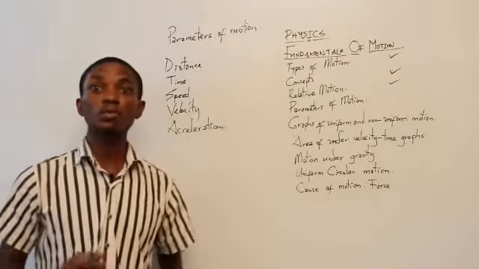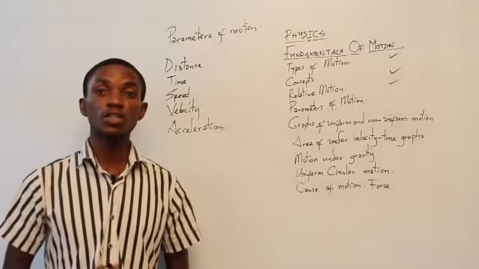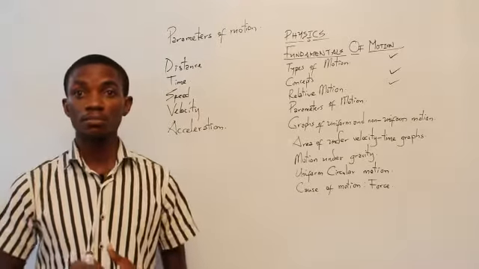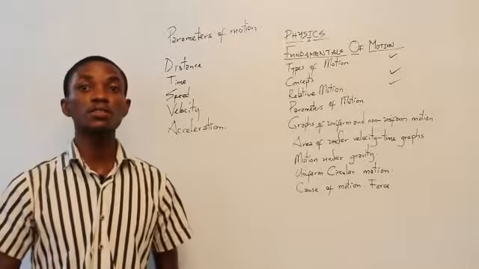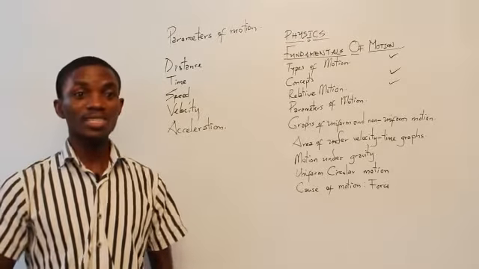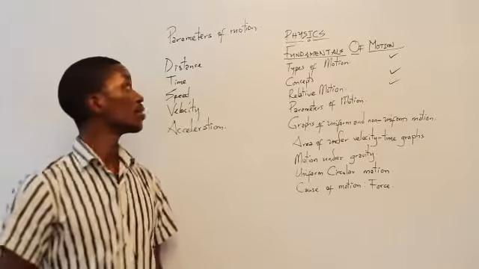The basic parameters we'll be working with in this section of motion are distance, time, speed or velocity, and acceleration. So let's take it one after the other.